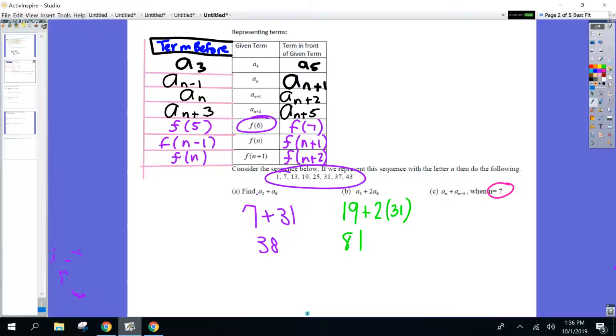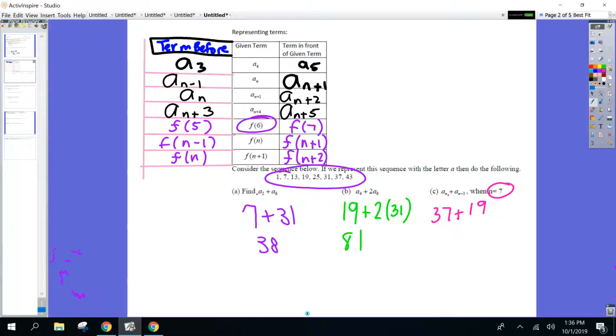What am I asking for here first? Okay, but now you know what n is, right? 7. So what am I, another name for the 7th term, which is 37, plus, now what term am I looking for here with n minus 3? 4th term, which is 19. Got it.